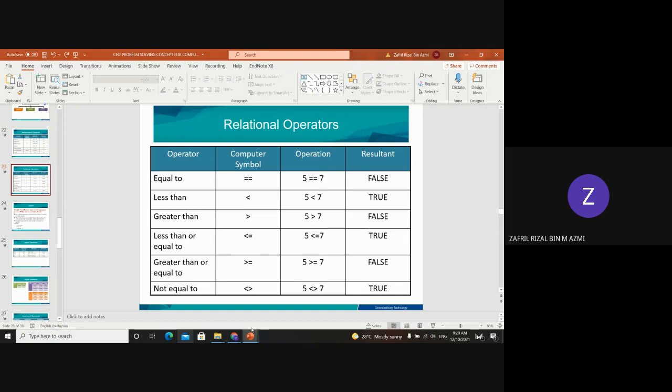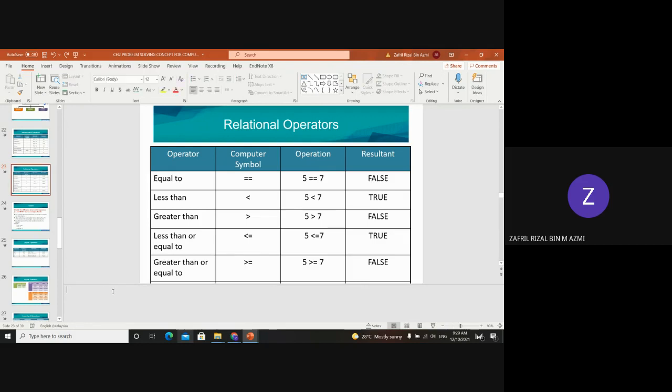For example, A equals equals B. Given A is 1 and B is 1, what is the result? True. The result is true.